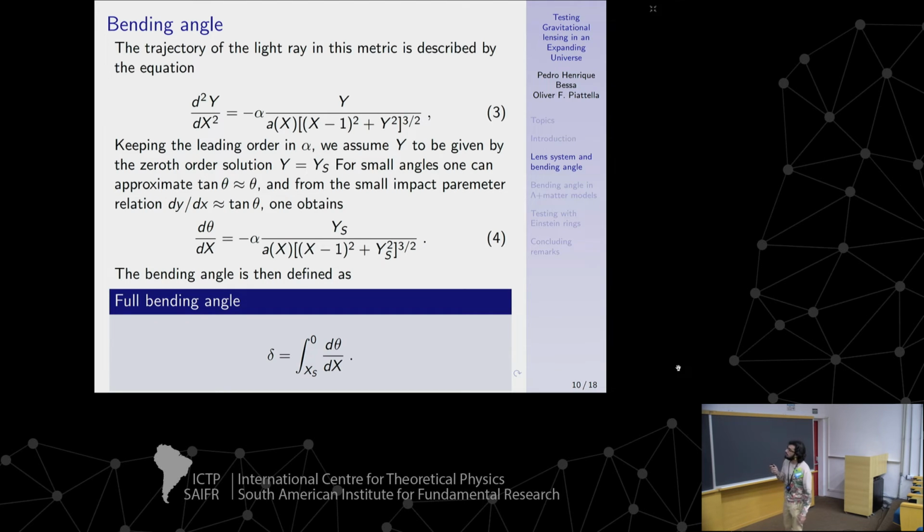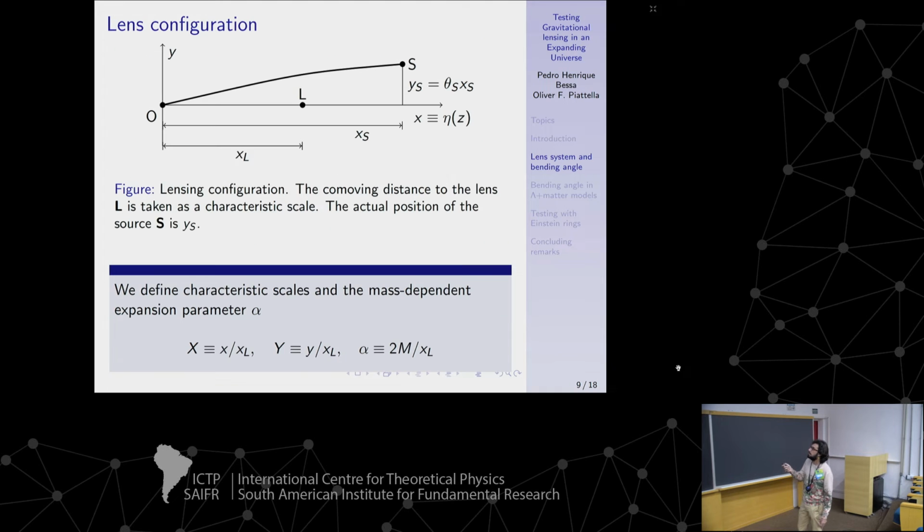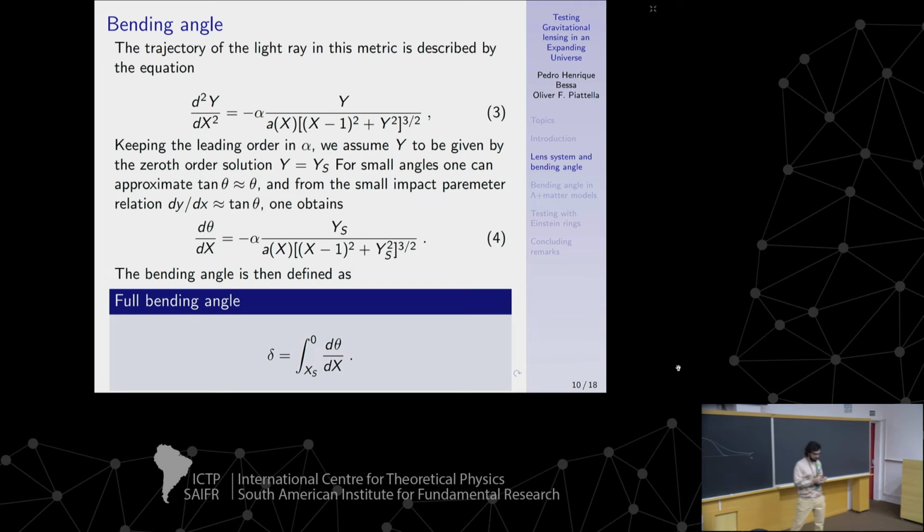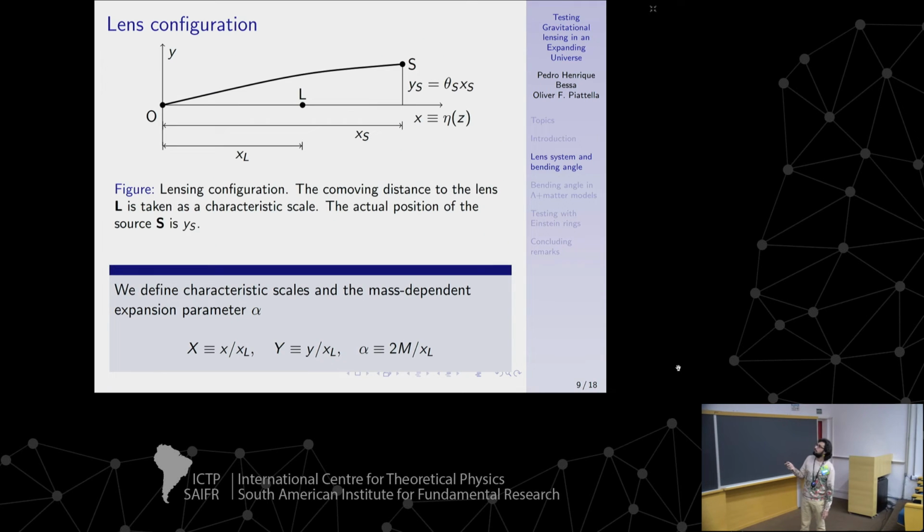And the thing is, before I can perform the full integration, since you have this distance, this YS, really small in this relation, I'll assume that Y here in this equation is the first order solution to the lensing equation, which means it's just a straight line, right? Of course. We should find a straight line if you're integrating the tangent here and you have a first order solution.